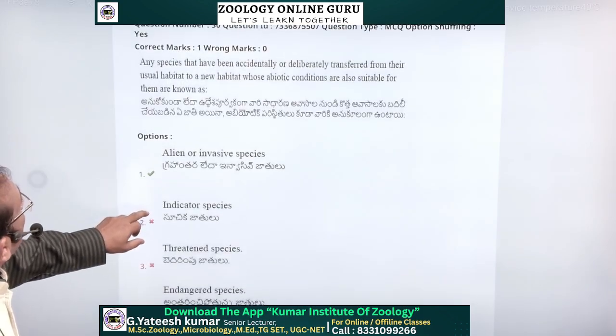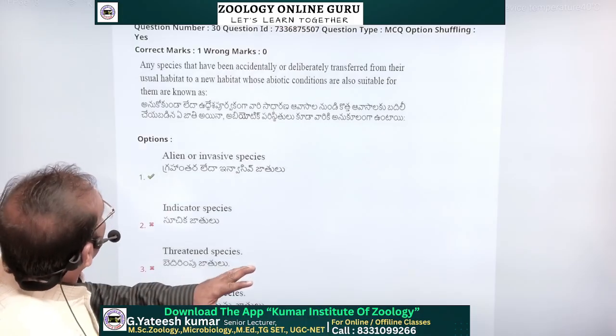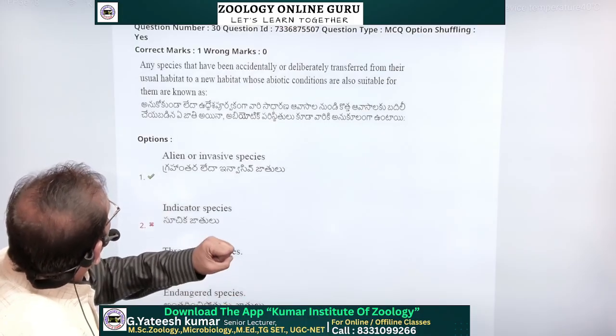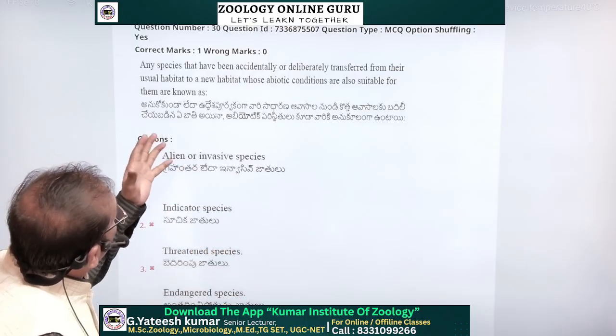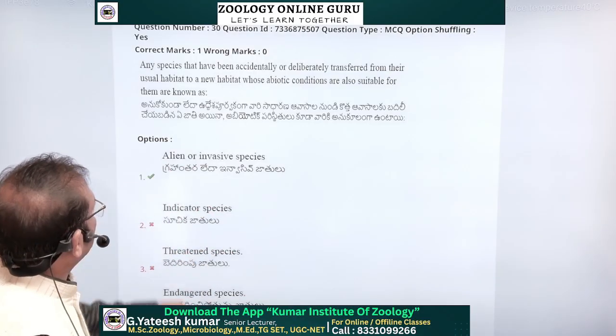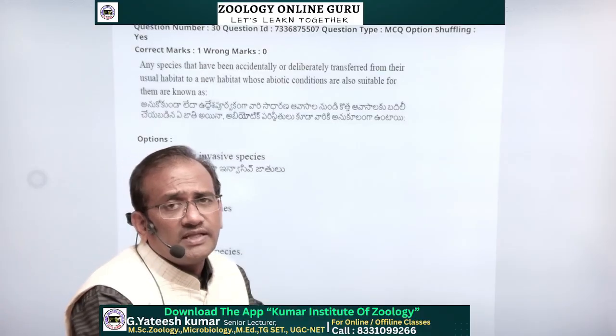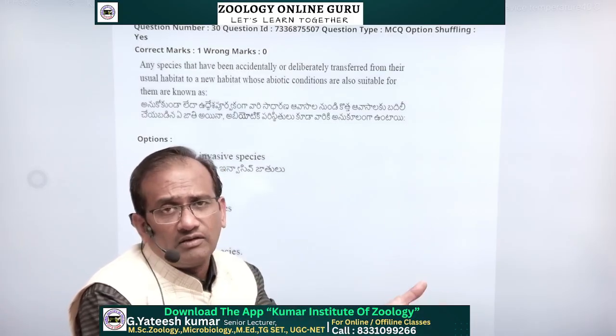Any species that have been accidentally or deliberately transferred from their original habitat to a new habitat whose abiotic conditions are also suitable for them are known as alien species or invasive species. So alien species means they are transferred from another area to this area.